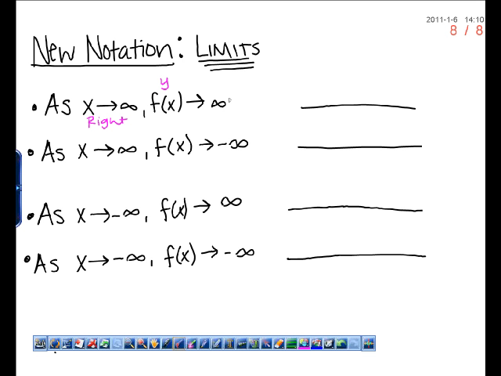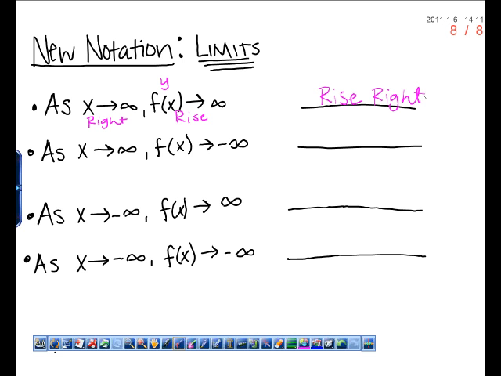So are our y values rising or falling? They're rising. So this is the limit notation for rise right. It means as you look to the right on your graph, your f of x values are getting bigger. As x approaches infinity, f of x approaches infinity.